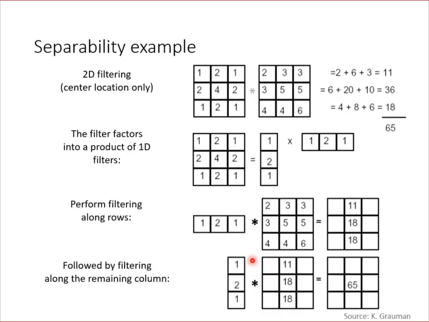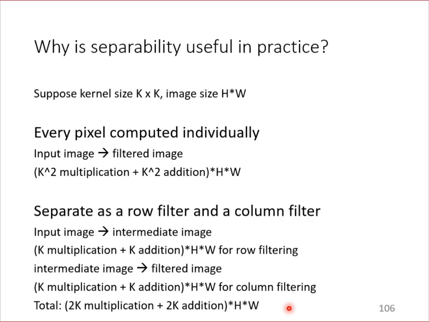And then we calculate another one-dimensional filter on the intermediate image, again needing only k multiplications and k additions. So in total, we only need 2k multiplications and 2k additions per pixel for the entire height and width of the generated image. Compared with the computational load here, it is much smaller. So that is the advantage of a separable filter.